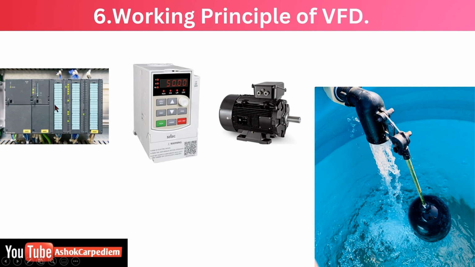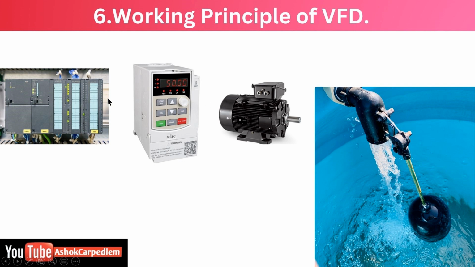It means the PLC sends a signal to the VFD and the VFD calculates. For example, the maximum RPM, rotations per minute, we have 0 to 100. What I will do, I will give 50 RPM. It means, for example, it is sending 4 to 20 milliamps to the motor. Okay, we will take it as 0 to 10 milliamps.